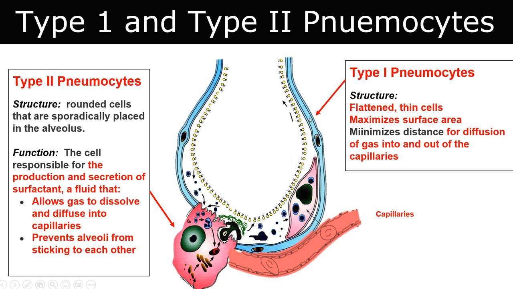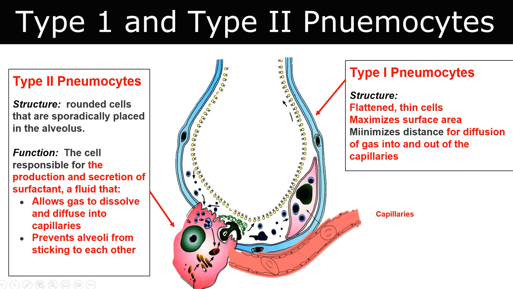The other thing about the type 1 pneumocytes is that they are right next to the capillaries. This is to decrease the distance that those gases have to go into those capillaries, into those red blood cells. So the type 1 pneumocytes are flattened and thin to maximize that surface area and allow diffusion to occur more rapidly into the capillaries. So that's the type 1.